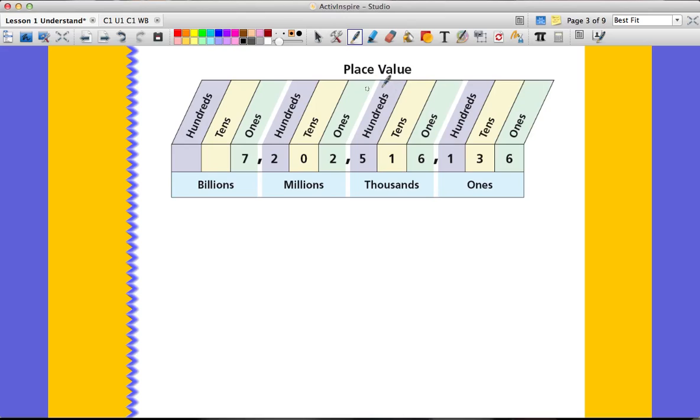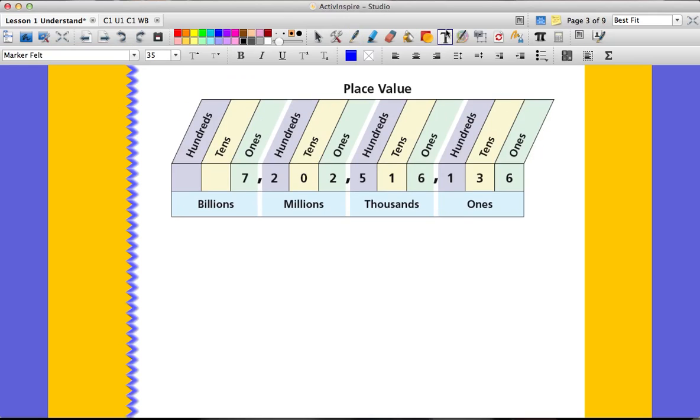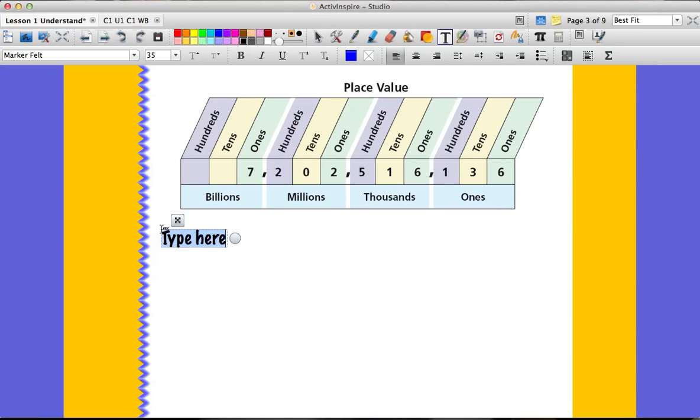So when we talk about place value, this is where we start to kind of lose a couple people, because we like to think of place value and value as being the same thing. Place value is actually very different from value. Place value is the spot where a number is.